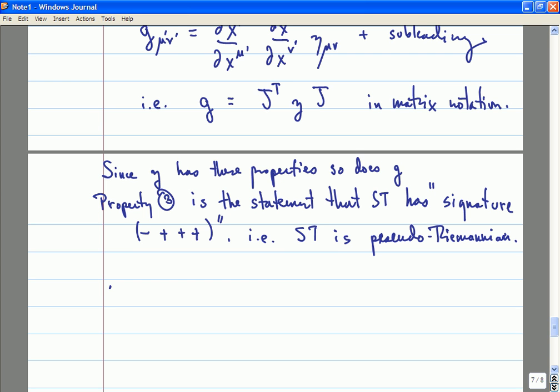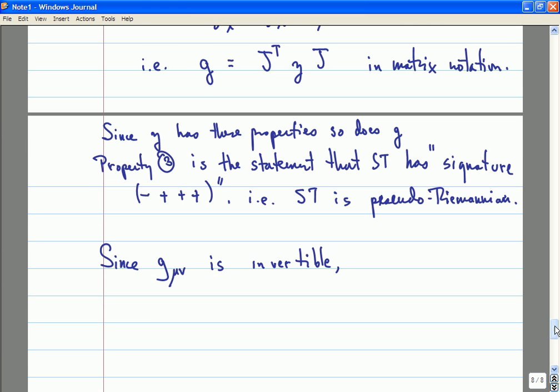Since the metric G mu nu is invertible, we can find its inverse. Now, I won't write down an explicit formula for its inverse in general, because I don't know an explicit formula for the inverse of a D by D matrix in general. So let me just write down a symbol that will denote its inverse.